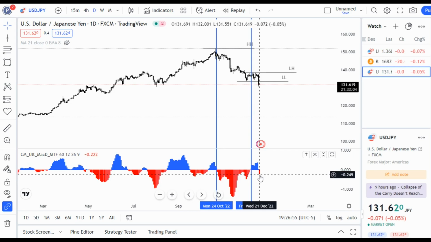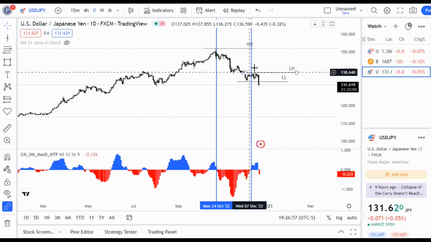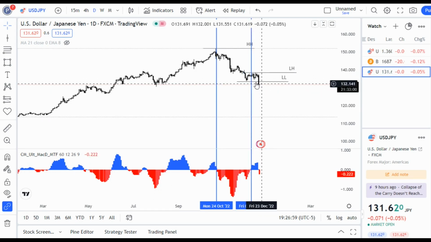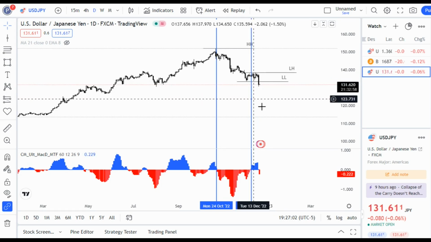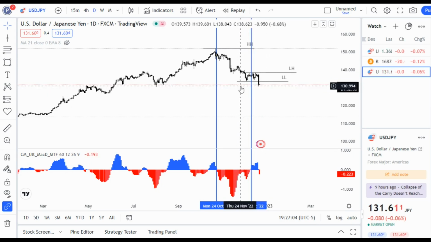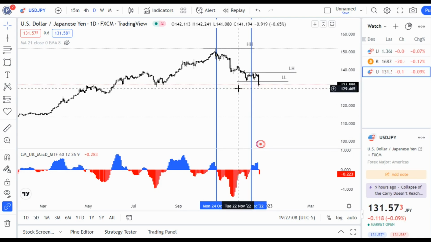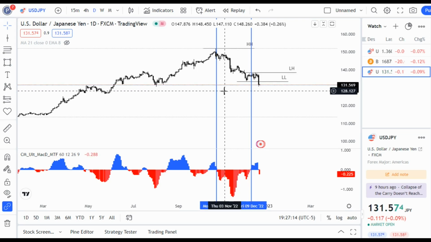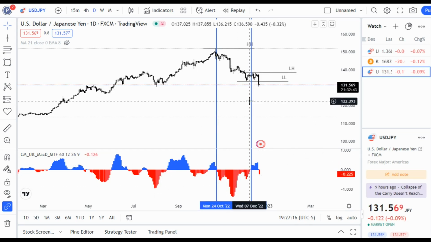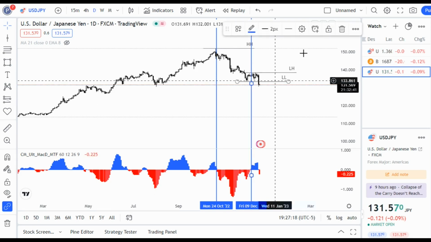So this is how to identify a higher high, a lower high, a higher low, and lower lows in the market with the use of the MACD. You can see how to set the Chris Moody MACD, and you can customize it to your own benefit.